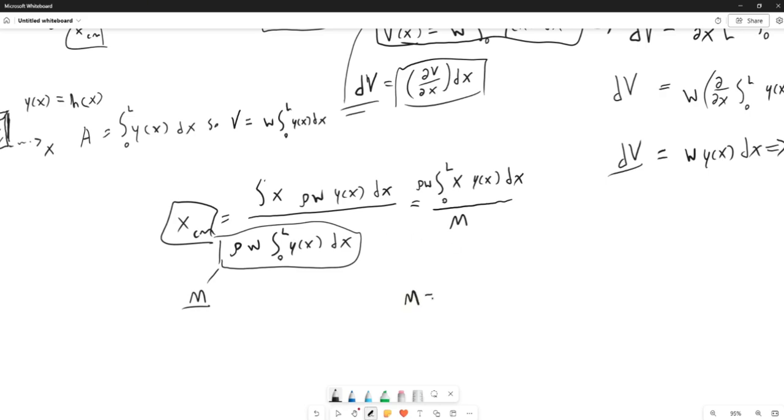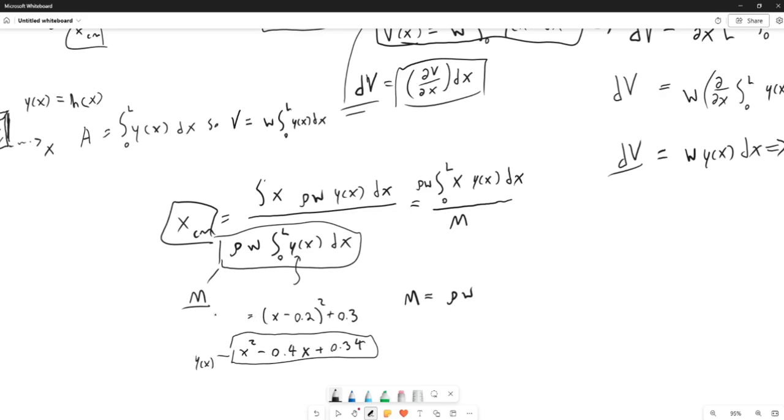So we can separately evaluate total mass. So rho W, and y of x is (x minus 0.2) squared plus 0.3 meters. And so if we expand that, it's x squared minus 0.4x plus 0.34. And so this is our y of x, which we want to use to evaluate our integral.